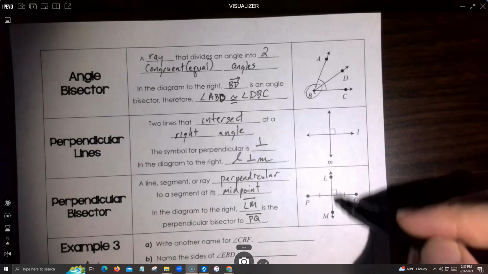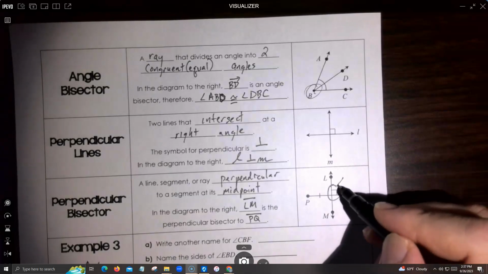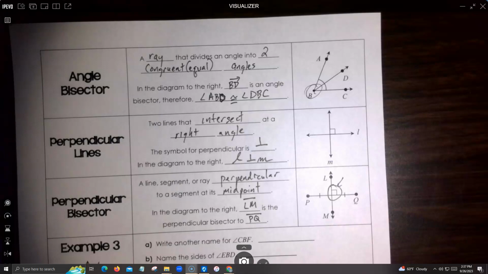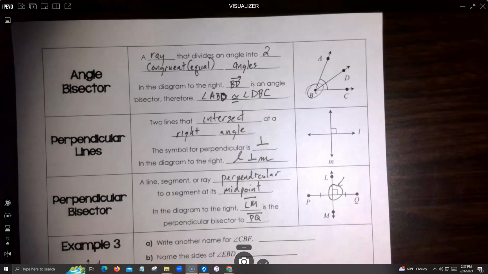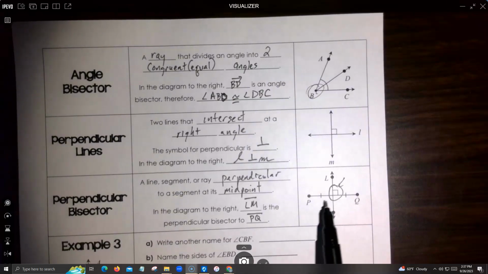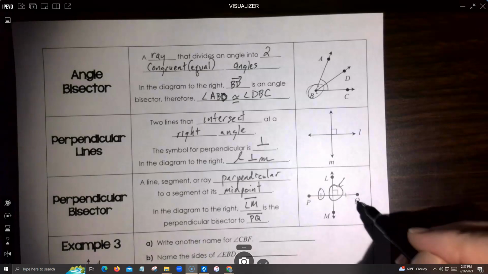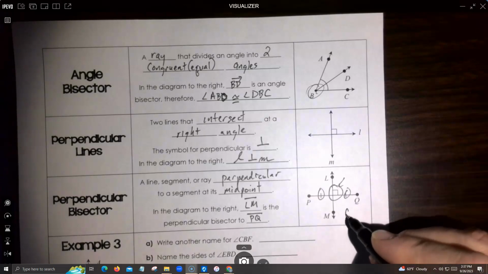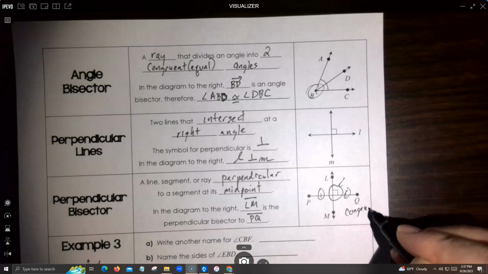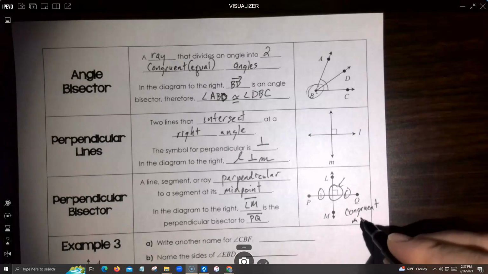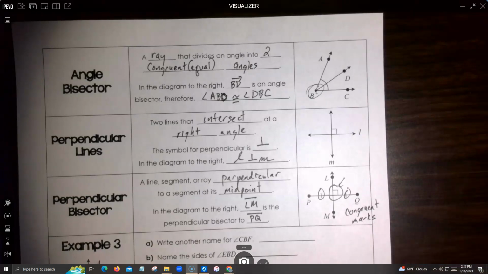We know this because of this 90-degree angle right here. And it's the bisector because these little notches here are called congruent marks, and they tell the reader that those two are the same size.